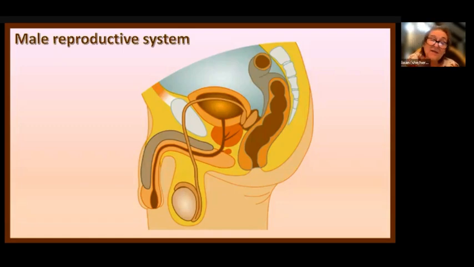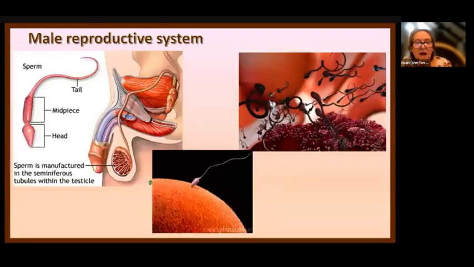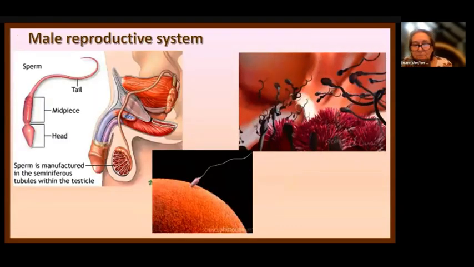So if a man is not circumcised, he needs to pull the foreskin back to clean underneath it so there's no accumulation. It's just a hygiene issue.